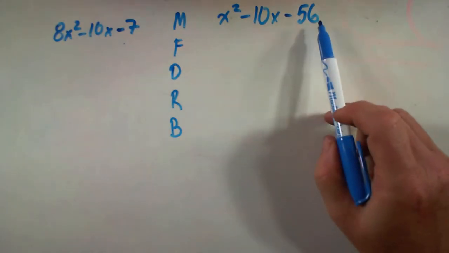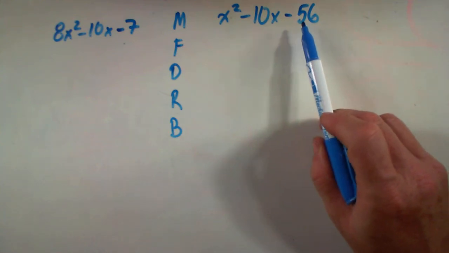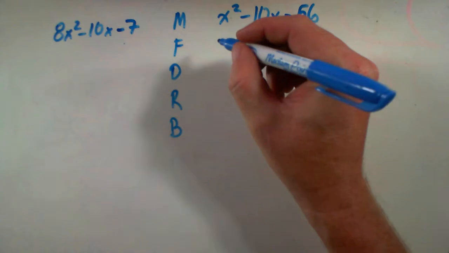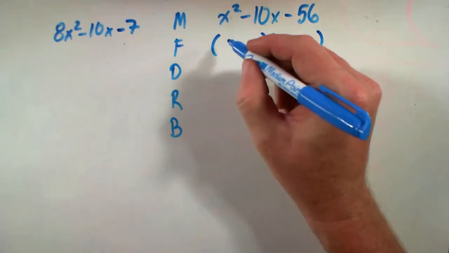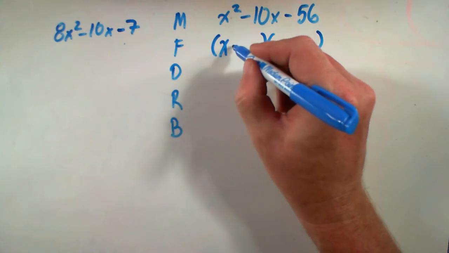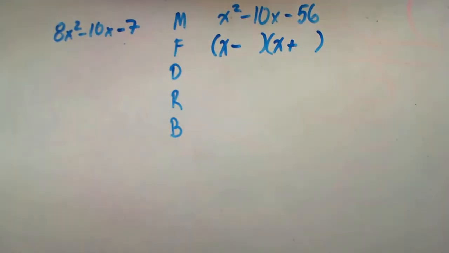Now, I know that when I factor, my factors have two different signs. So that's going to be x minus something and x plus something. Two numbers that when I multiply them together I get 56, but when I add them, I get negative 10.